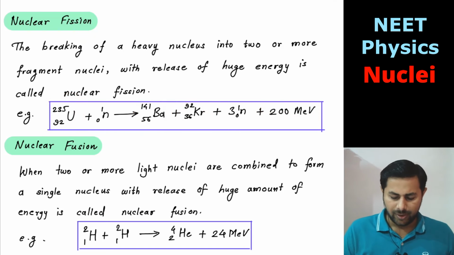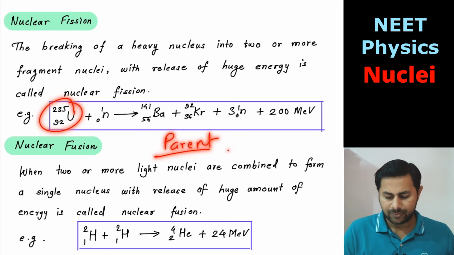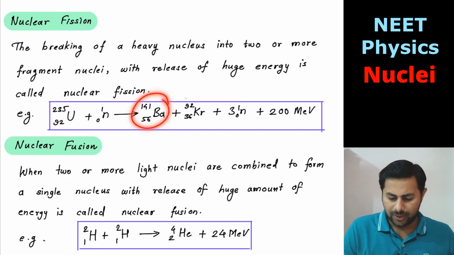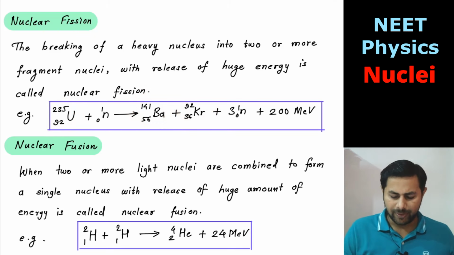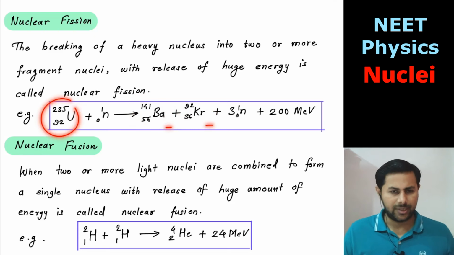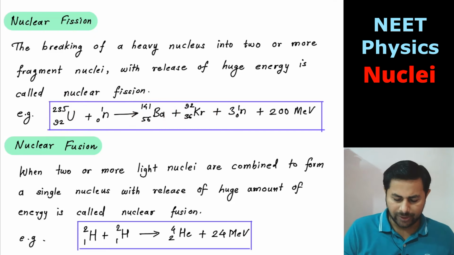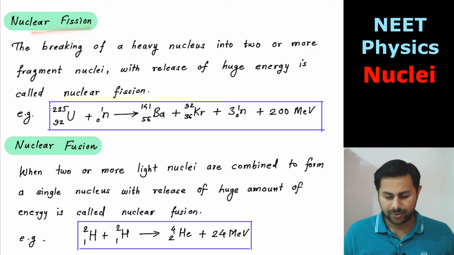This is known as the parent nucleus, and these are known as daughter nuclei, simply because this is breaking into these two. So this is nuclear fission, very simple.